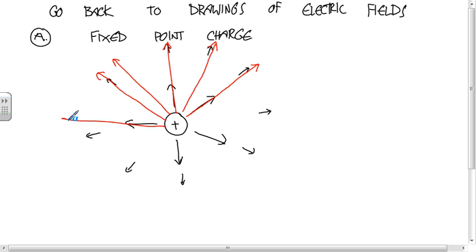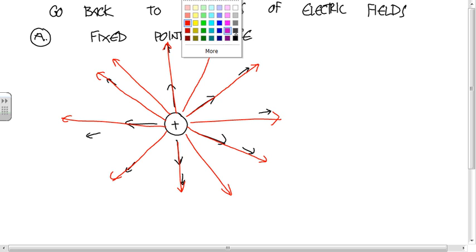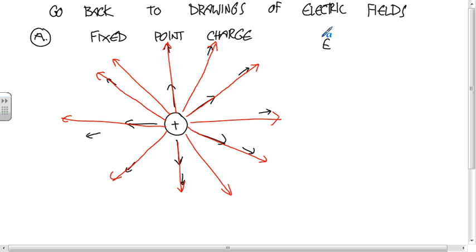And the idea of these field lines is that at any point along the field line, if you draw a tangent to the field line, that's the direction of the vector at that point. Okay, so the black is the E vectors. The red is the field lines.